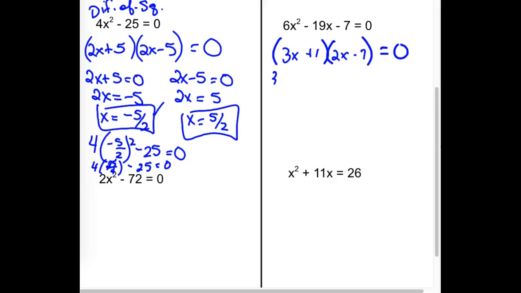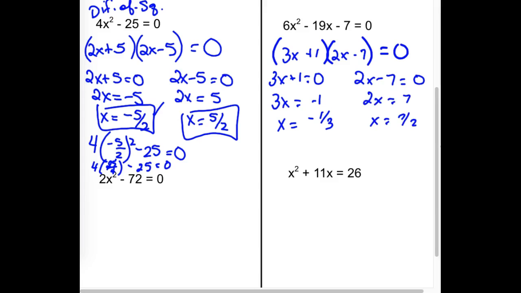All right, then either the 3x plus 1 could be the 0 or the 2x minus 7 could be your 0. Solving each of these, we would subtract 1 and divide out a 3. For this one, we would add a 7 and divide out a 2. And again, we can plug those back in and check them, right? You can square fractions. You just get a different fraction. Square the numerator, square the denominator.